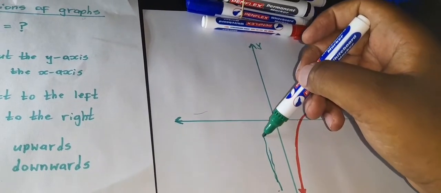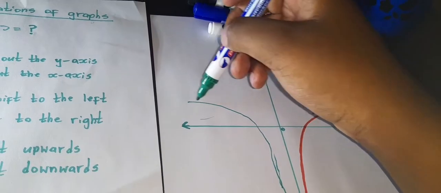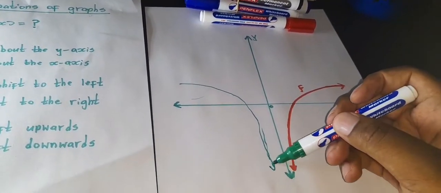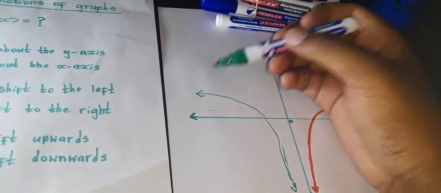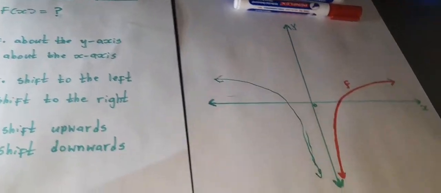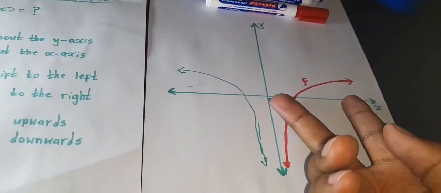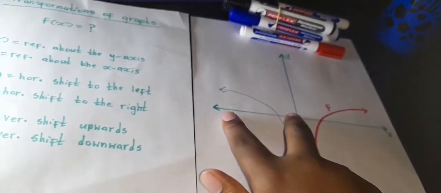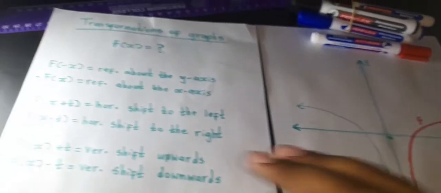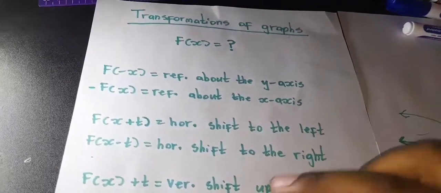Just a rough sketch. That's what the new graph will look like if we reflect it about the y-axis. So this is what f of negative x means.